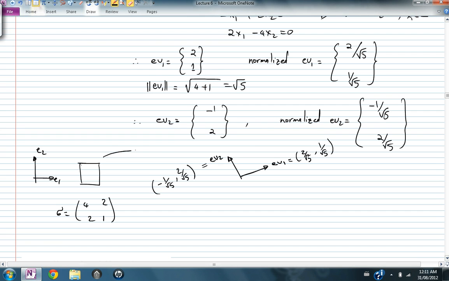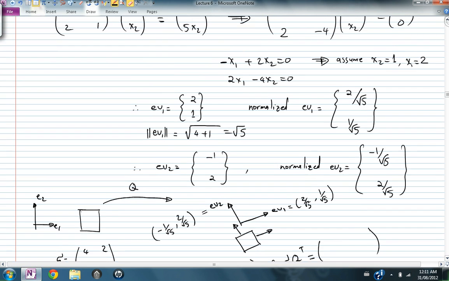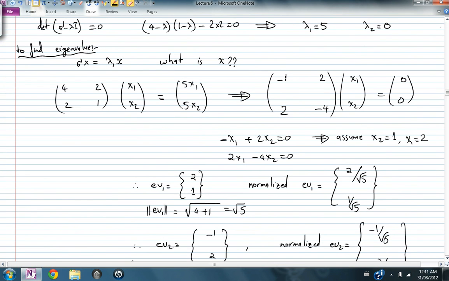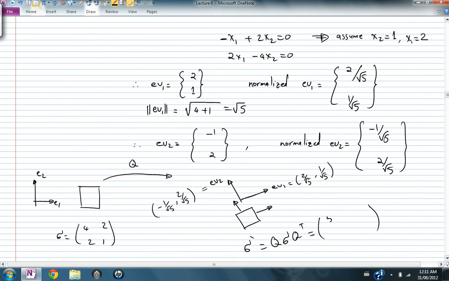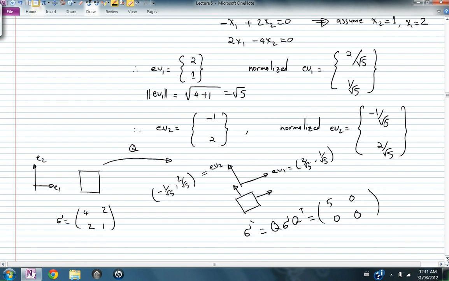and if I find Q that takes from this original coordinate system to this new coordinate system, I will find that the stress matrix here is actually diagonal. Sigma prime here will be equal to Q sigma Q transpose, and if you perform the calculation, you will find the diagonal components are equal to the eigenvalues, and the off-diagonal components are equal to 0.